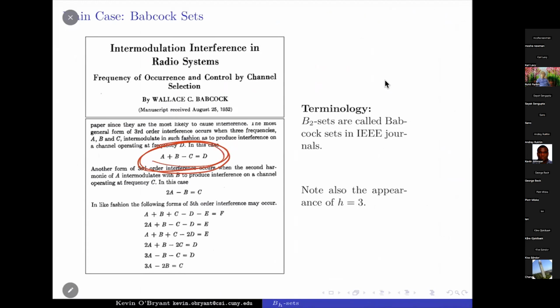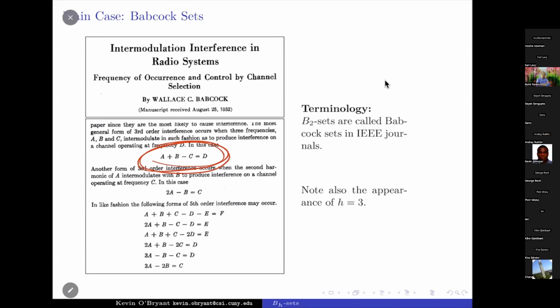Of course, if you rearrange that, that's A plus B equals C plus D, which is a thing that he wants to avoid. So he's exactly asking for a B2 set. And he hand computes B2 sets for up to 10 elements.